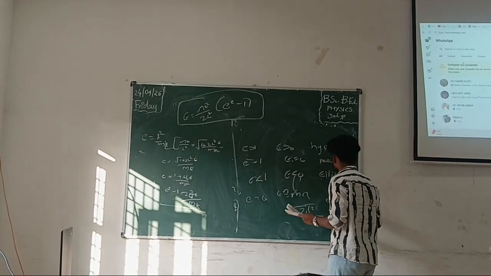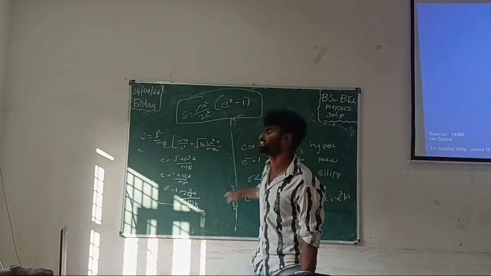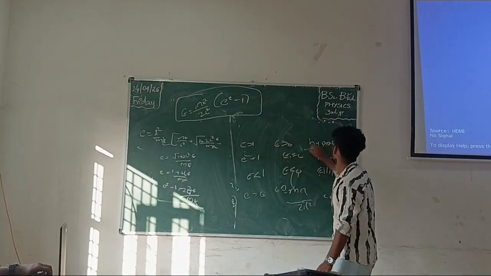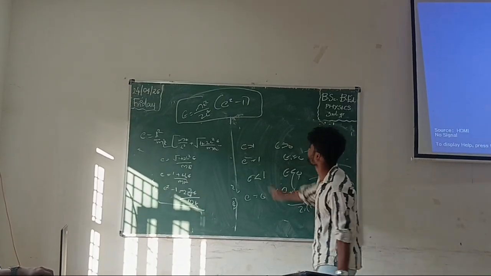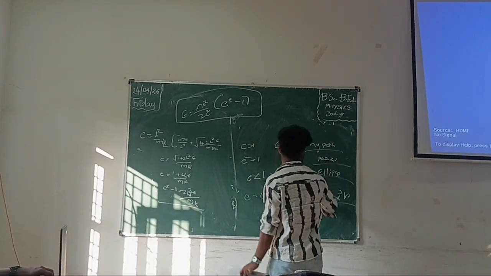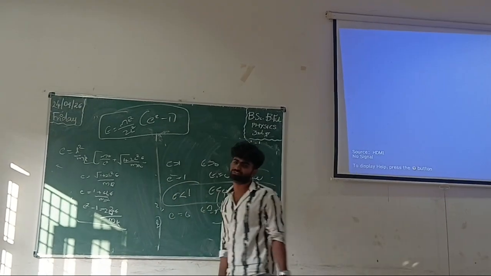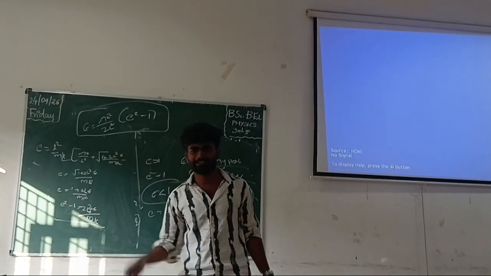So according to the value of energy, the eccentricity will decide whether the path is hyperbolic, parabolic, elliptical or circular. Here it is e square minus 1, so it will be an elliptical path. From this we understood that the first law is correct and the sun is at the focus.